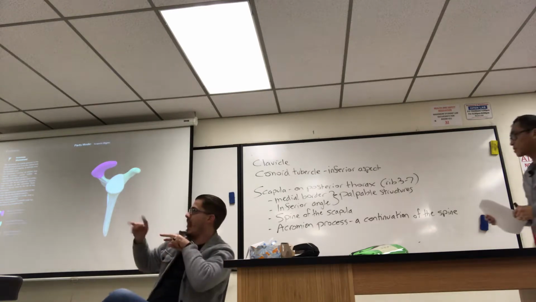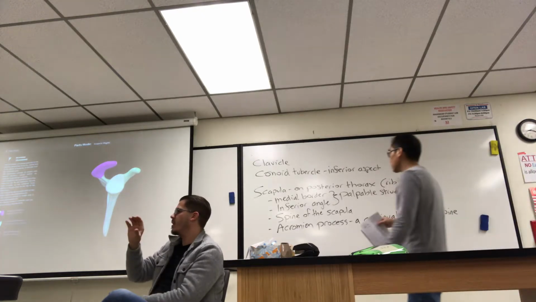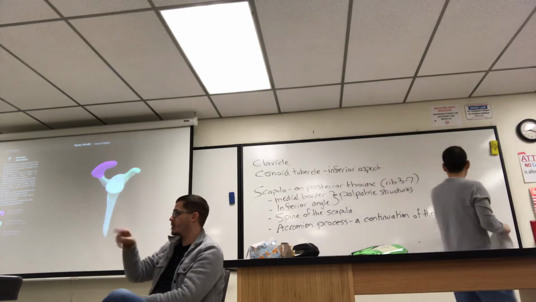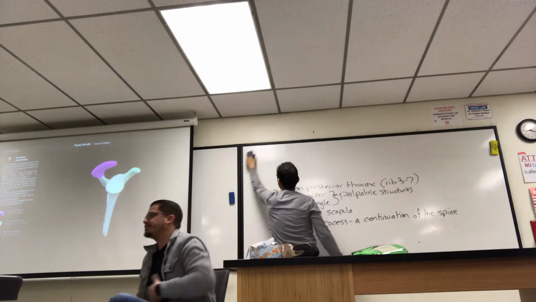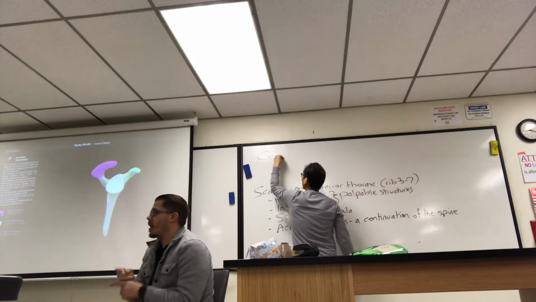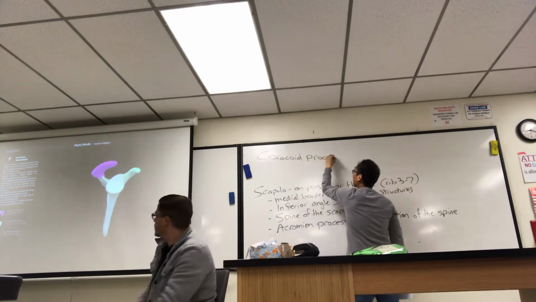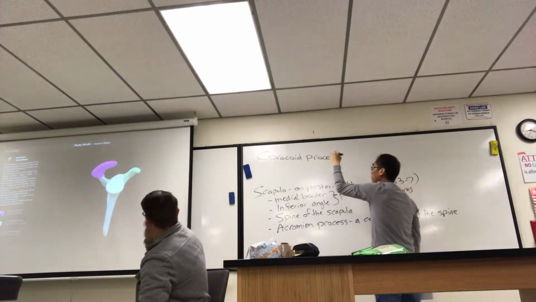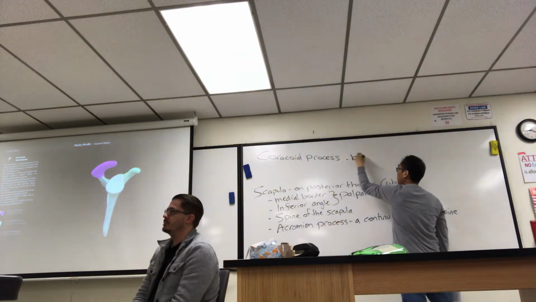The acromion is commonly confused with the next process, the coracoid process. It kind of looks like a bird's beak.